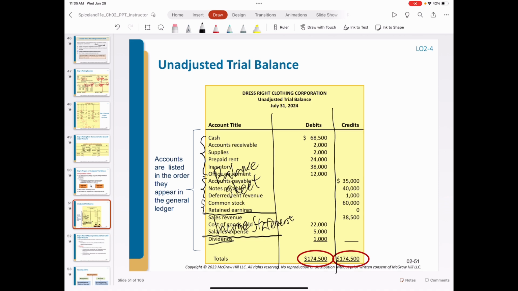Because these are assets, you will see debit balances, while the rest are liabilities and stockholders' equity, and you will see their credit balances. Revenue is a credit balance. Expenses have debit balances. Dividend has a debit balance. We'll see the sum of the debits equals the sum of the credits.